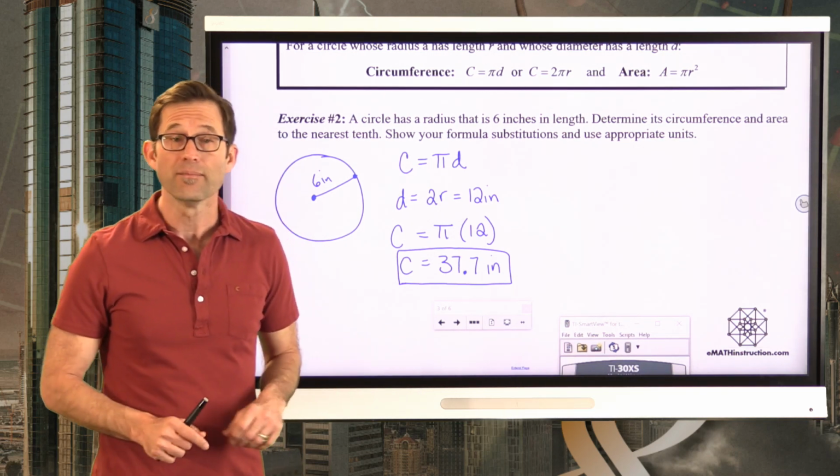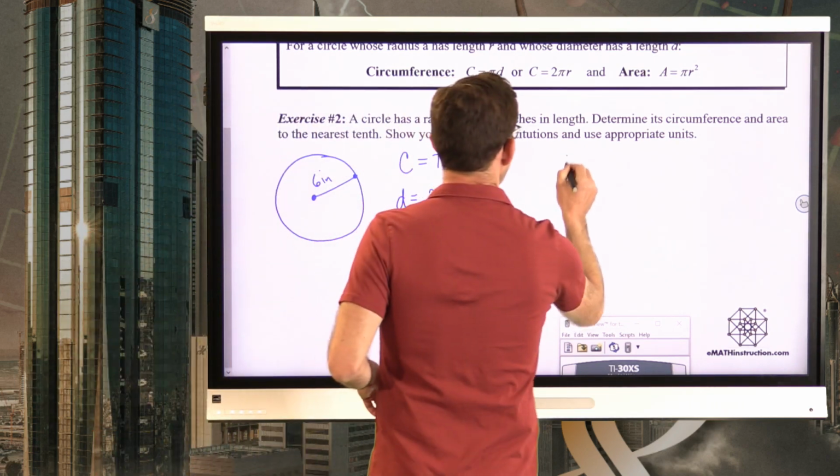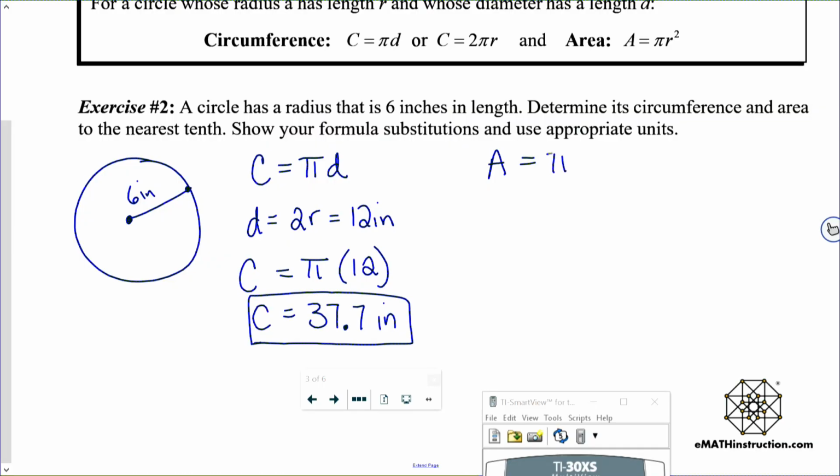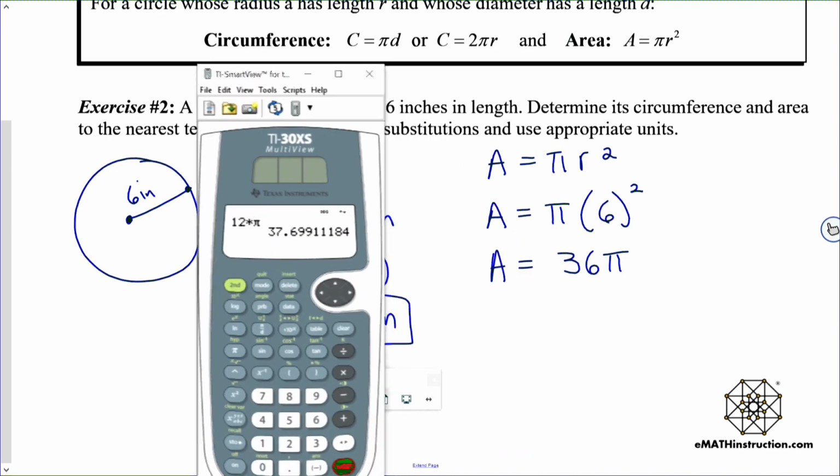Now let's do the area. For the area, its formula is pi times the radius squared. So that's going to be pi times 6 squared. Now we could just put that in our calculator directly like that, or we could evaluate 6 squared, which would be 36, and then we could put in 36 times pi.